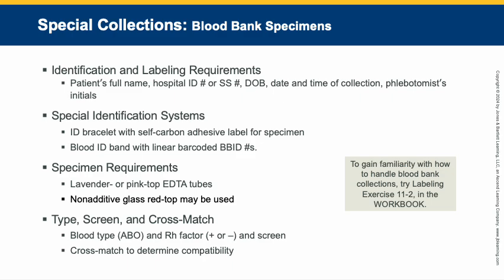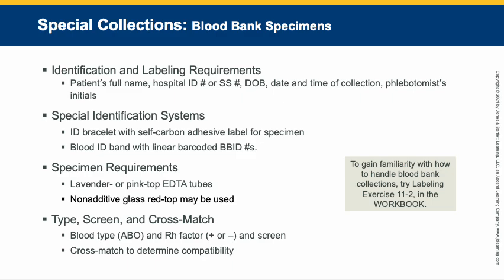So that means I have O blood type and I'm positive for the RH factor. So if I were O negative, then that would mean I would be O blood type negative for the RH factor. Okay, so that's what that means. So if your patient has just a type and screen, then that's all that's going to happen. That doesn't mean they have blood products matched to them. That means they have their blood type ready should they possibly need any while they're in the hospital.